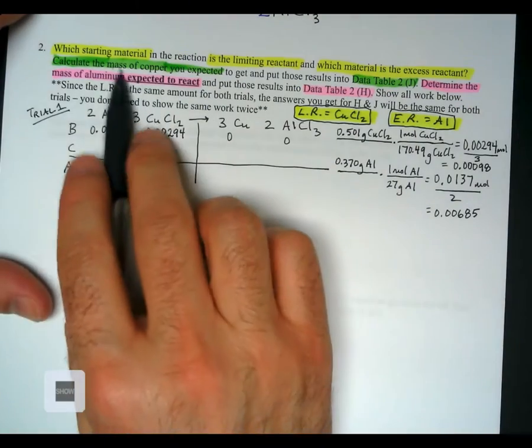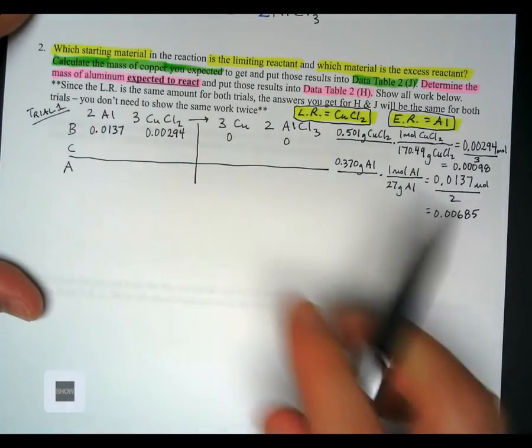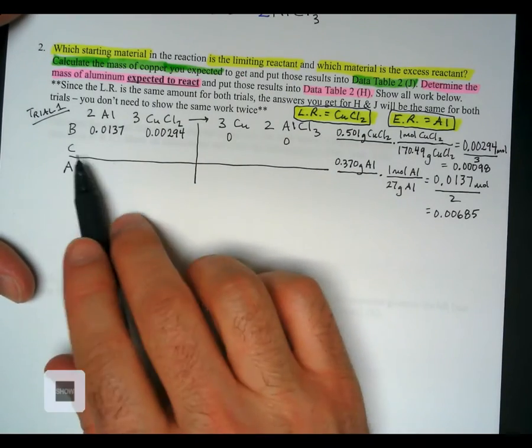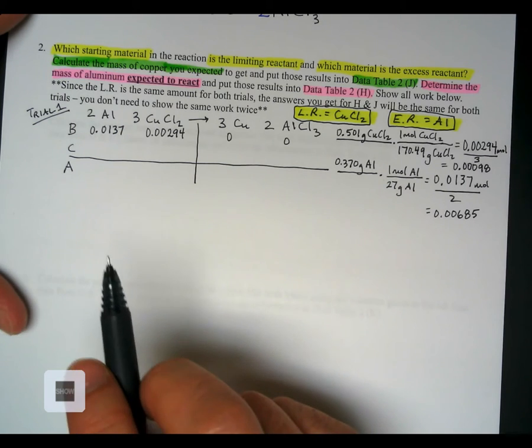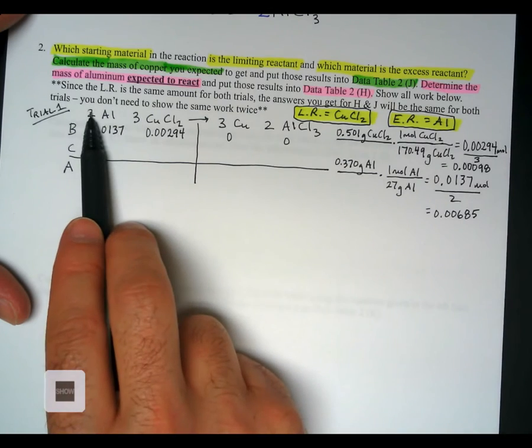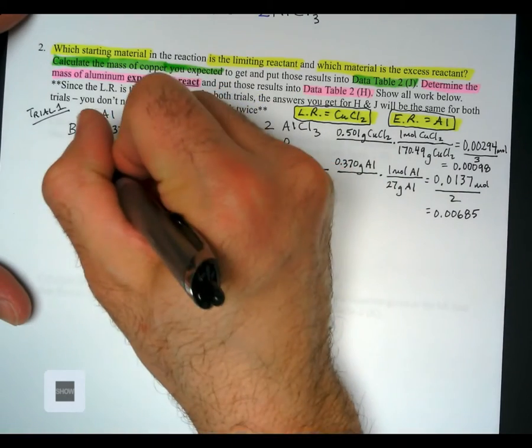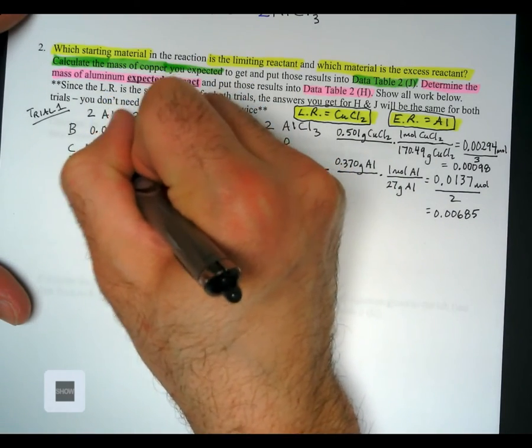Now, in order to get the amounts that we expect to get, we've got to finish our BCA chart. Anybody remember how to get the change row? Excellent, yes. You take the smaller number that gave you the limiting reactant, multiply that times the coefficient for each one. So for mine is 0.00098 times 2, which for the first one here gives me 0.00196.